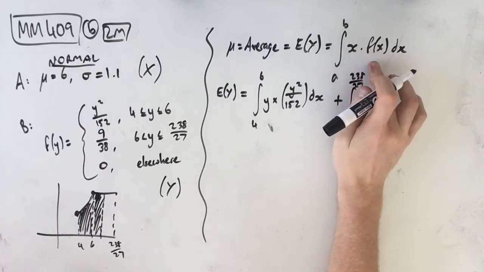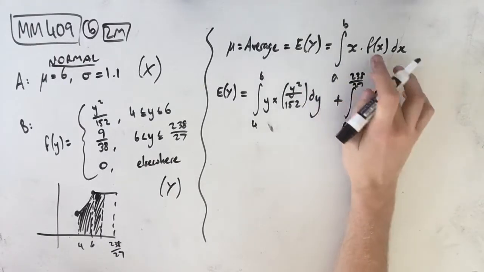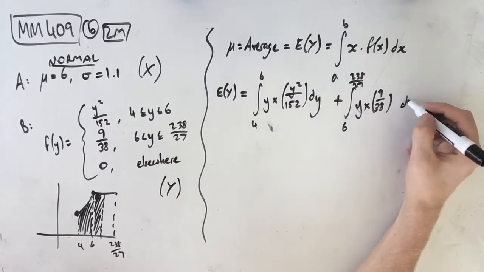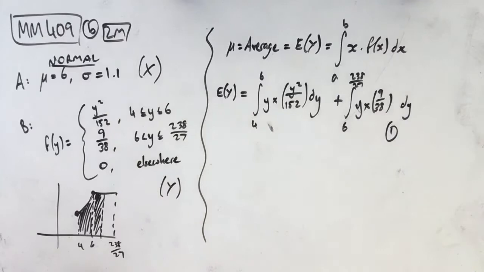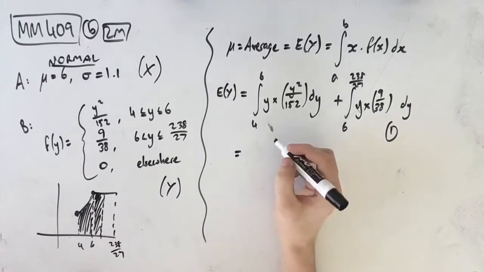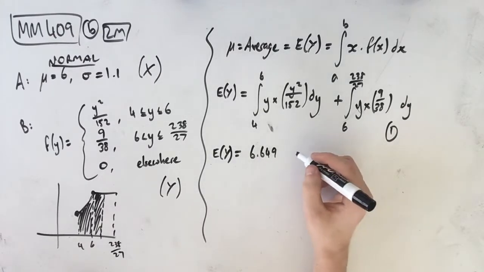I know this is f of x, but if you've got y as your variable, you just sub in y instead. This is our first mark. And then going through this process gets us our second mark, and we end up finding out that the expected value of y is 6.649 hours.